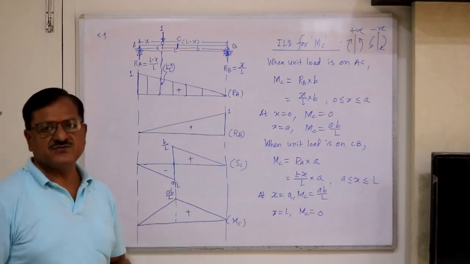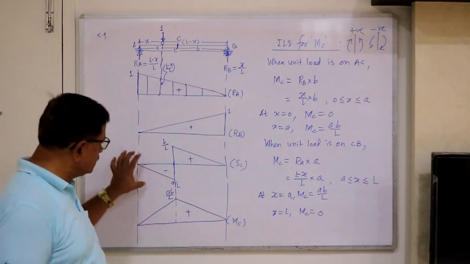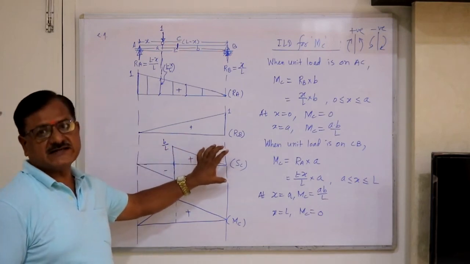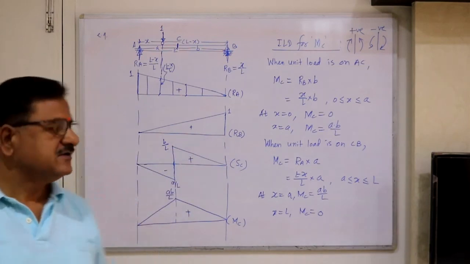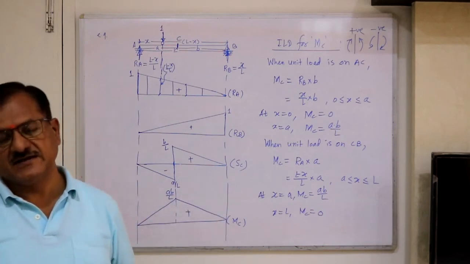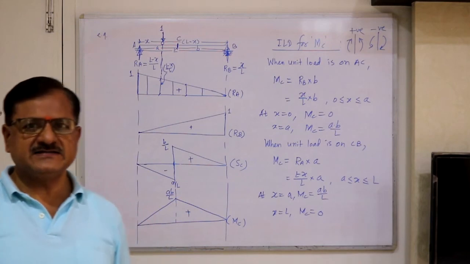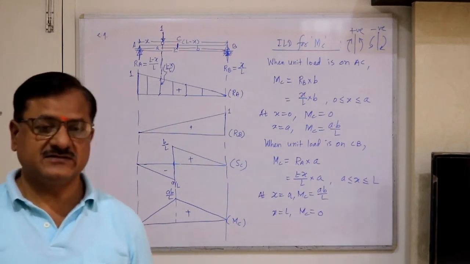Whenever we want to find the shear force at a given section, first of all we have to construct the ILD for shear force at that section. If you want to find the bending moment at a given section, first of all we have to construct the ILD for bending moment at that section. And once we get these ILDs, then the corresponding structural function is to be calculated.